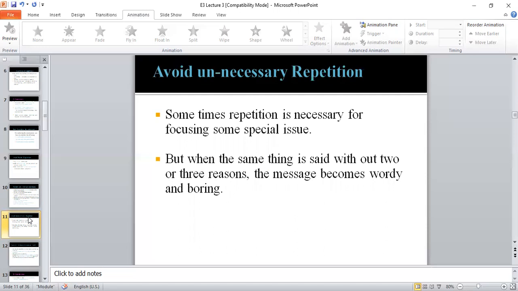I mean, they might not say it, but they will quit. This is what nobody would want to experience. So make sure the focus is on the special issue. Make sure there's no repetition in your communication, except whenever needed. Don't make it wordy or boring at all.